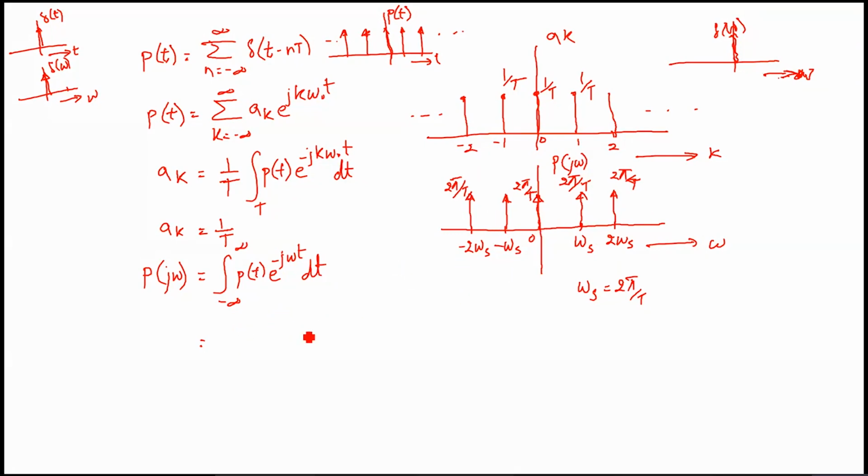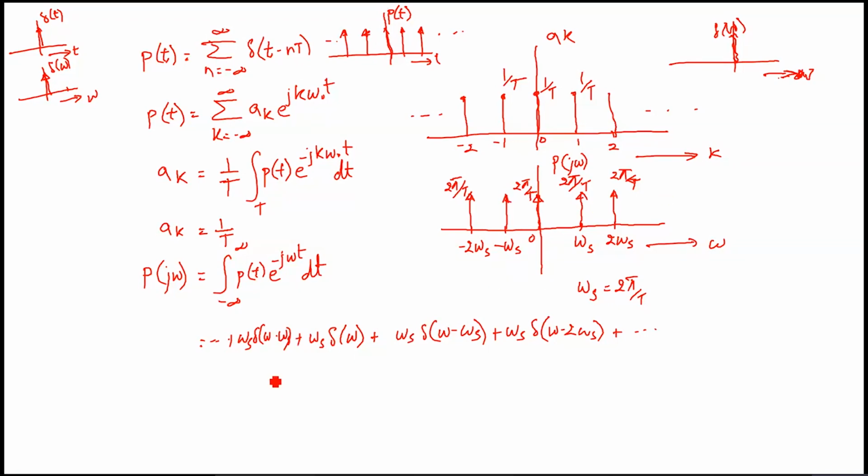So if you have multiple of these, we can just write it as this. We have delta omega with the value of omega s, plus omega s times delta omega minus omega s, plus omega s times delta omega minus 2 omega s, and so on. Similarly, on the other side we also have omega s times delta omega plus omega s.